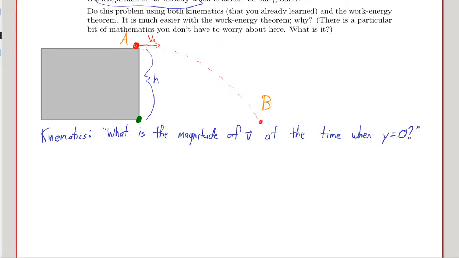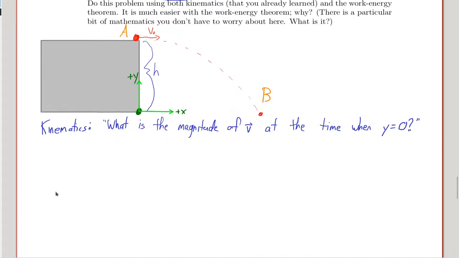And the coordinate axes I will use are upward will be y, and to the right will be x. So to figure this out, I need to find the time when y equals 0.